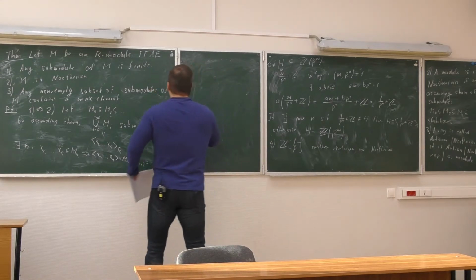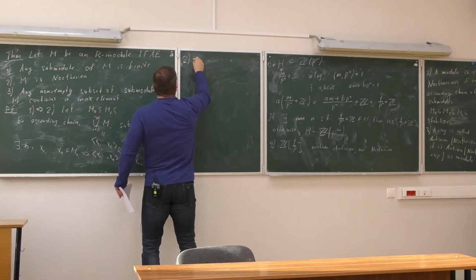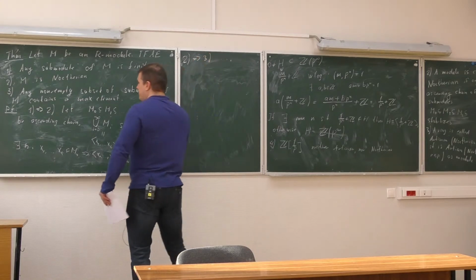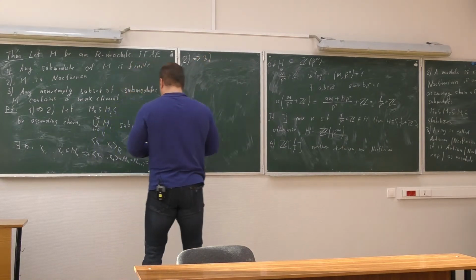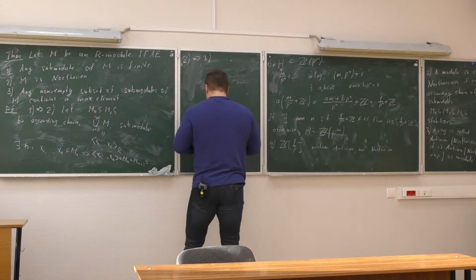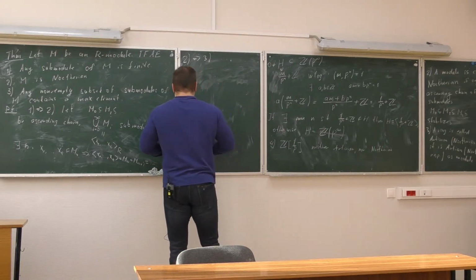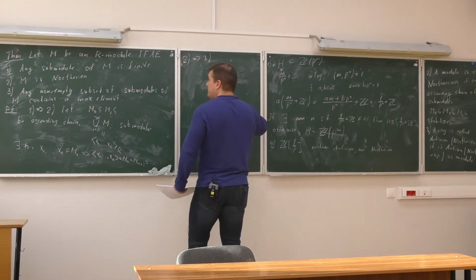So now we need to show that 2 implies 3. Well, I think this is relatively easy.